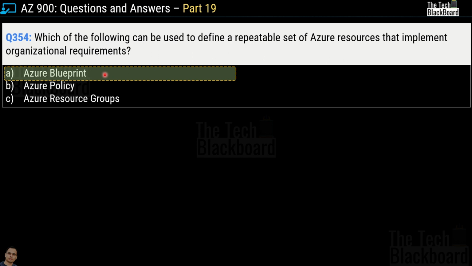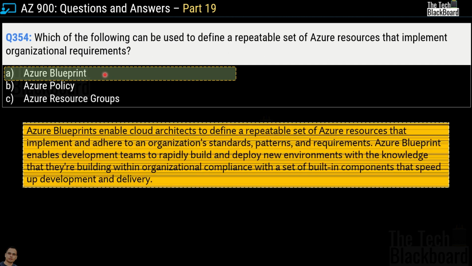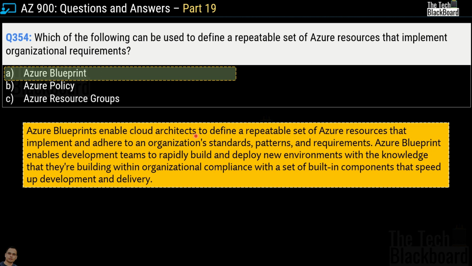And for the friends who are joining us here for the first time, Azure Blueprints enable cloud architects to define a repeatable set of Azure resources that implement and adhere to the organization's standards, patterns, and requirements. Azure Blueprint enables development teams to rapidly build and deploy new environments with the knowledge that they are building within organizational compliance, with a set of built-in components that speed up the development and the delivery.